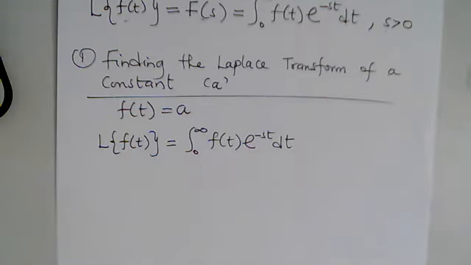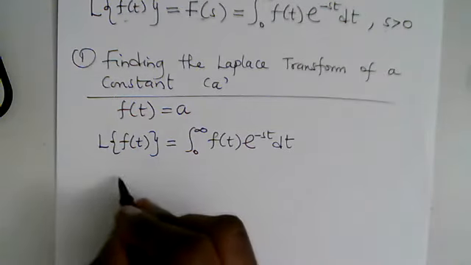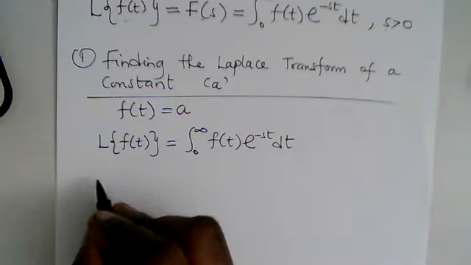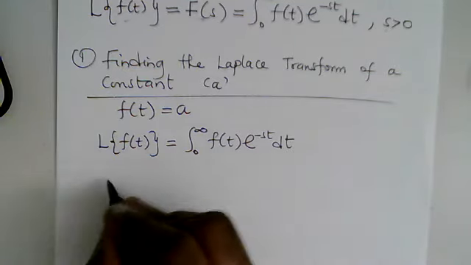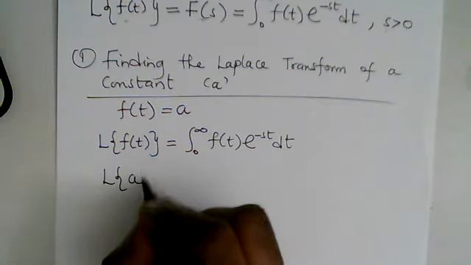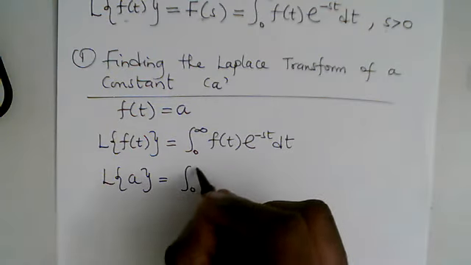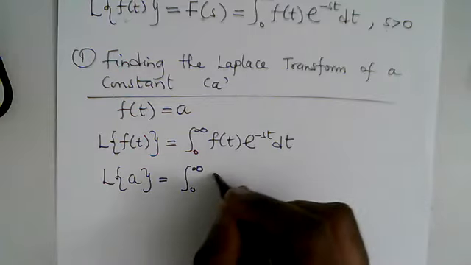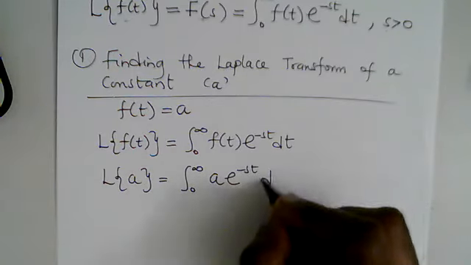Okay, so in this case, our f of t here is A. So all we do here is we plug in A in place of f of t. So we have the Laplace of A equals the integral running from 0 to infinity A e to the power minus st dt.